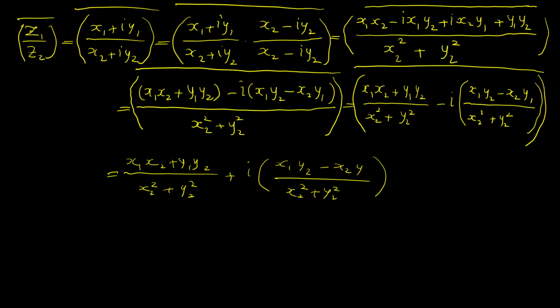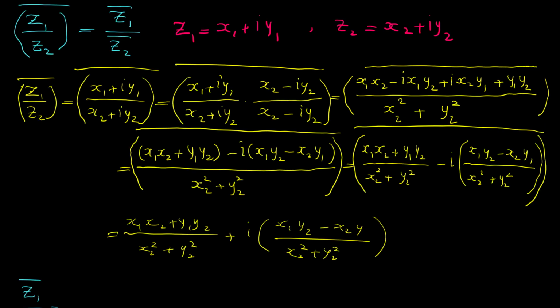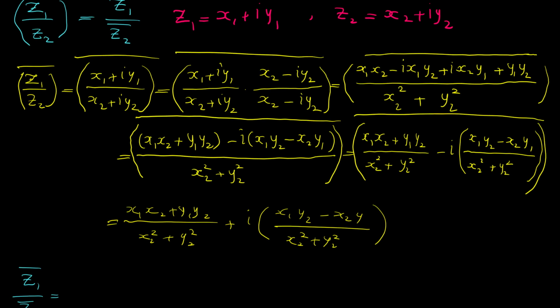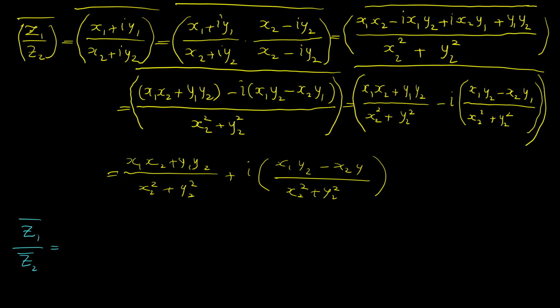Now let's calculate the right side of this relation. So we want to know what would be z1 conjugate over z2 conjugate. z1 conjugate is the conjugate of this expression, and conjugate of this expression is x1 minus iy1. And conjugate of z2 would be x2 minus iy2.